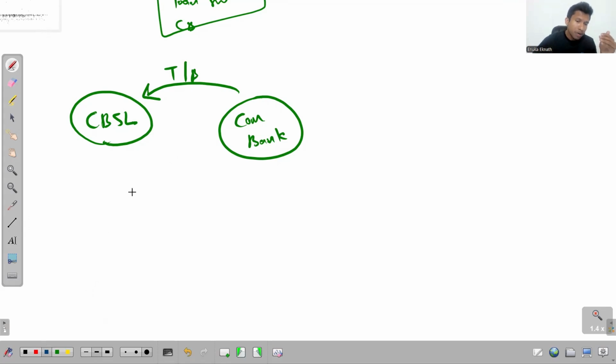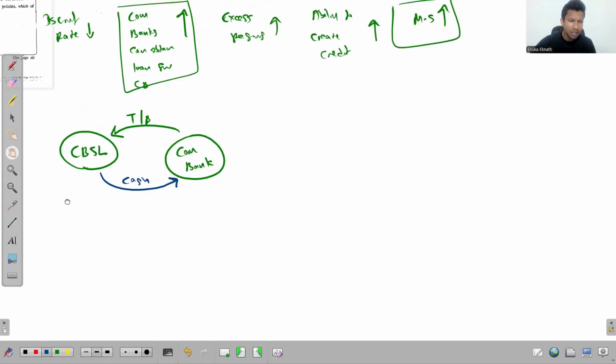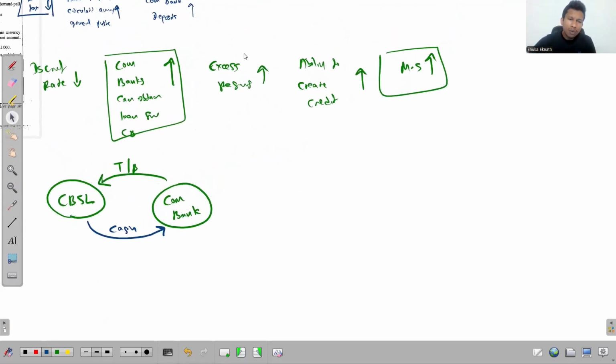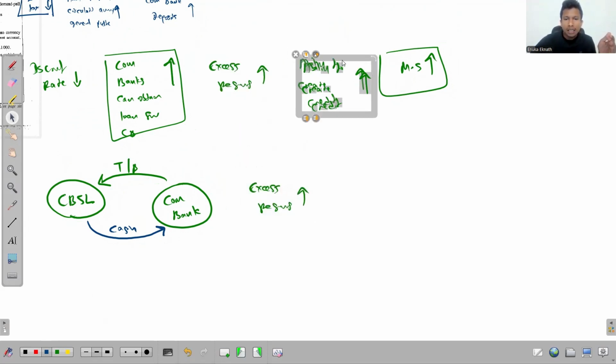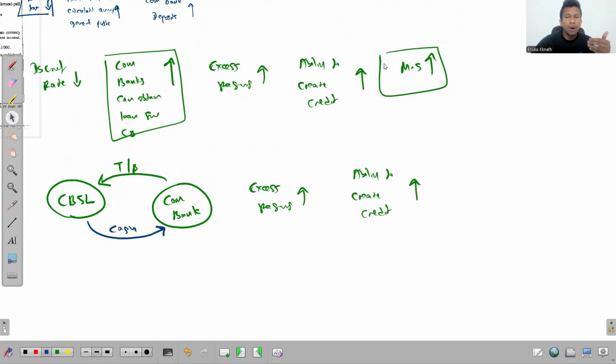And when they purchase these treasury bills and treasury bonds from the commercial banks, they transfer cash to those commercial banks. Then what will happen again? Then the excess reserves of the commercial banks will increase. When their excess reserves get increased, their ability to create credit will also increase. And as a result, like in the previous discussion, money supply will again increase.